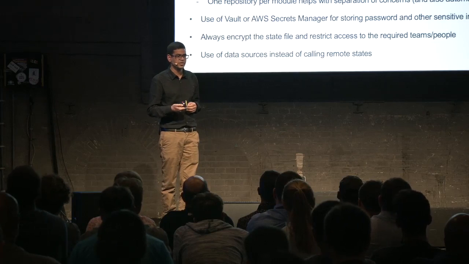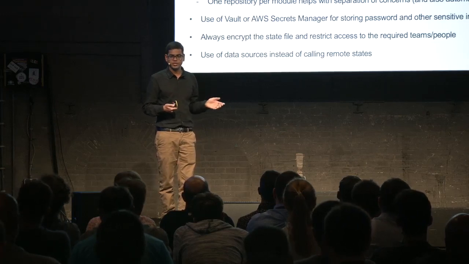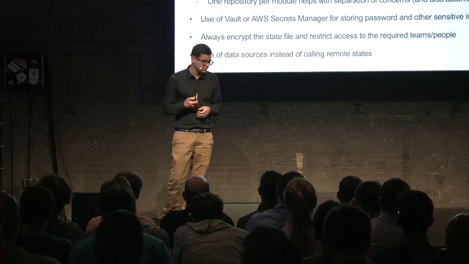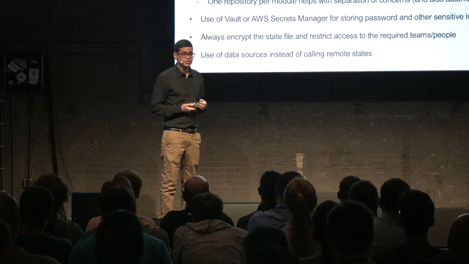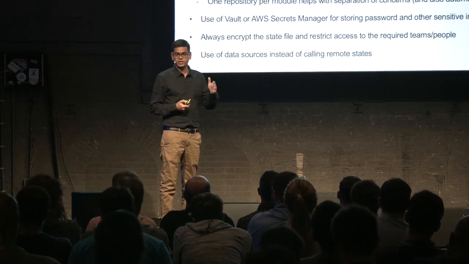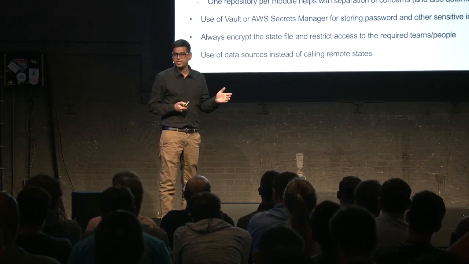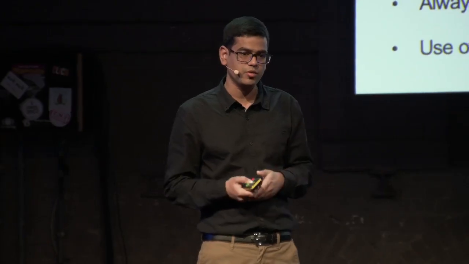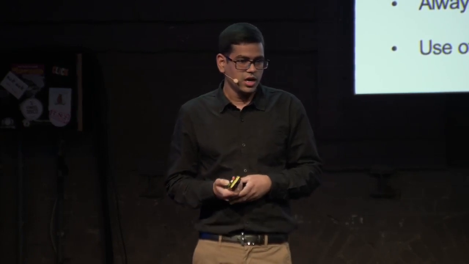Sometimes you might introduce breaking changes, and other teams are not ready to accept those breaking changes based on their sprint planning and so on. One repository per module is better, because then you can version each module separately, and it allows you to scale module development really nicely.